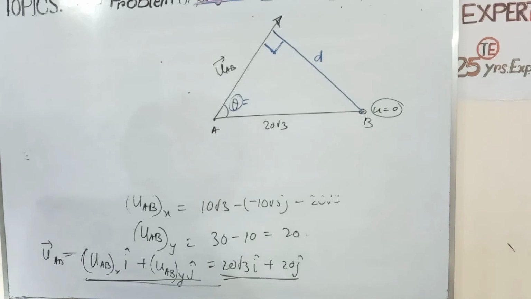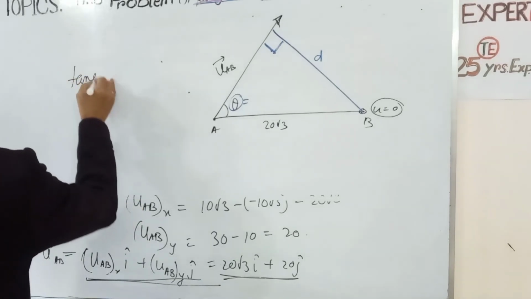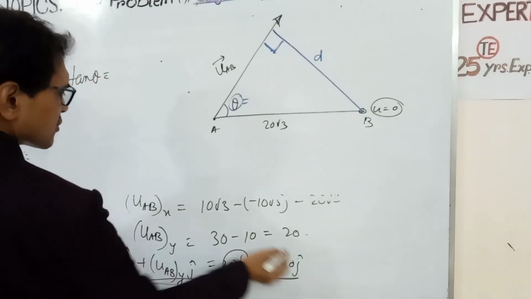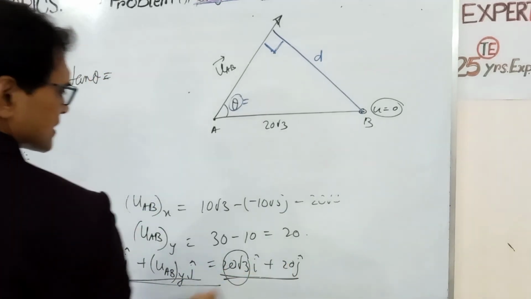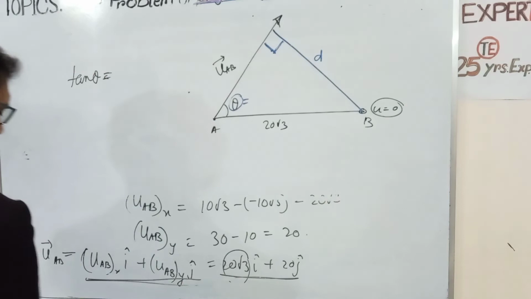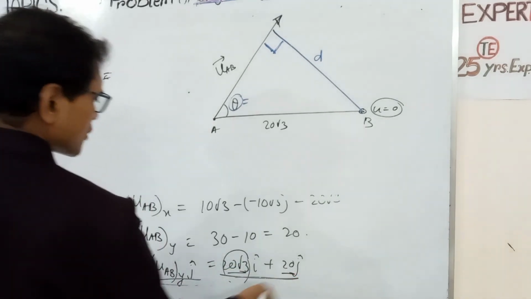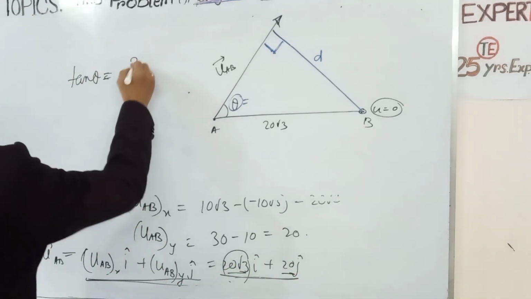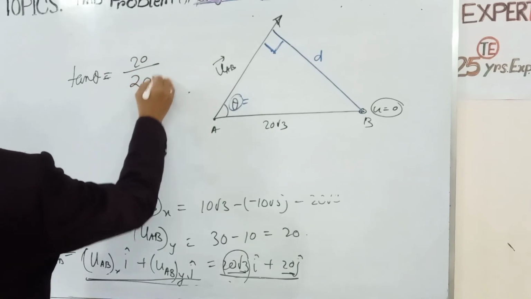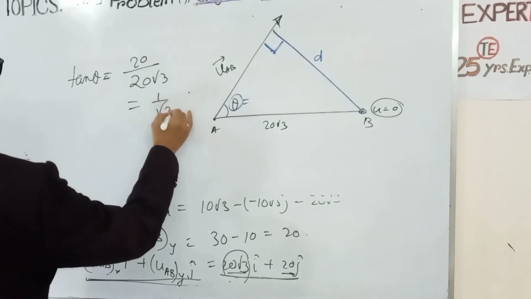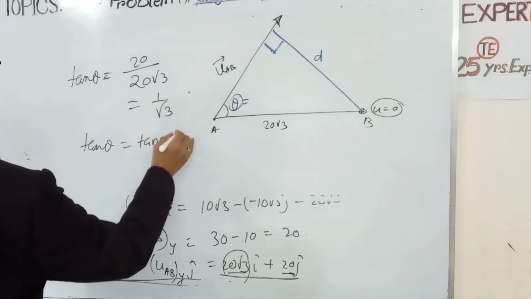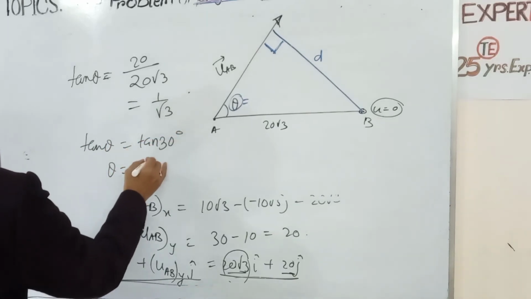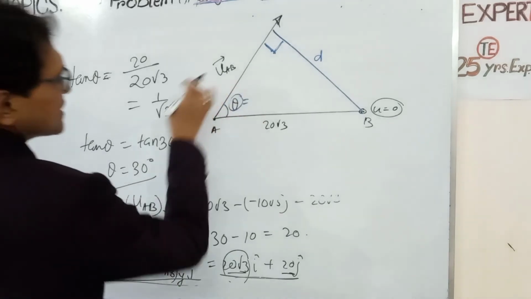So tan theta equals the y component by the x component, which is equal to this. Tan theta equals tan 30 degrees, so we get theta equal to 30 degrees.